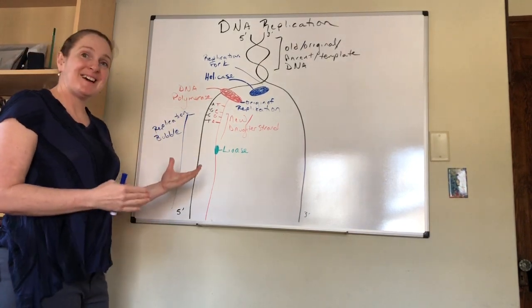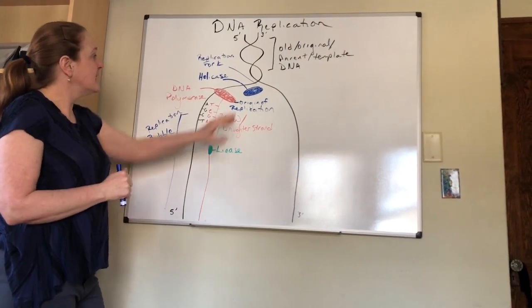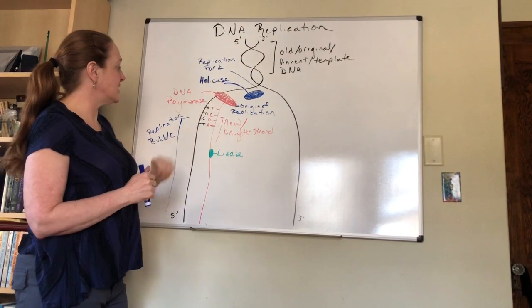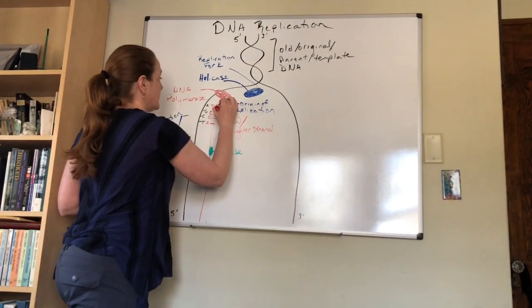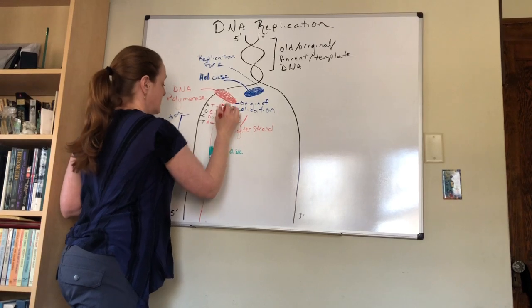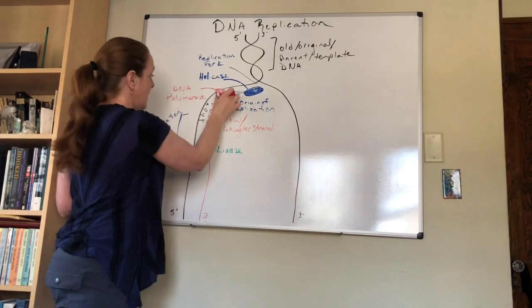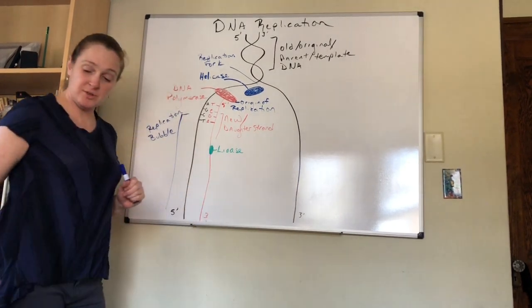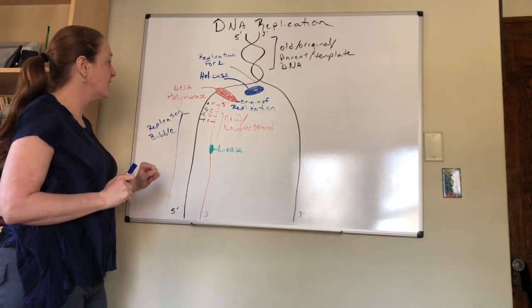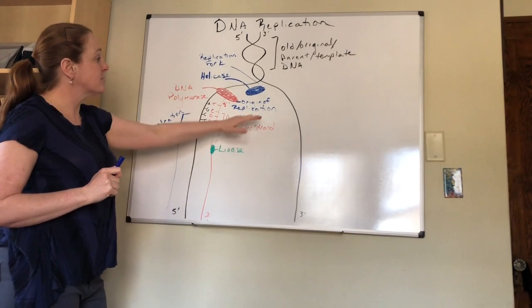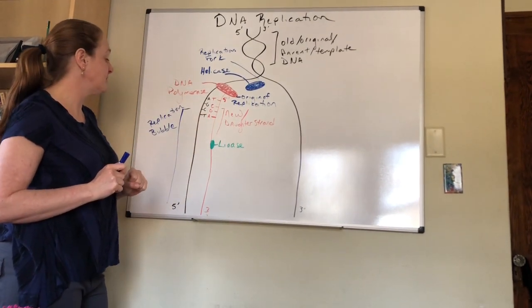So when we look at DNA replication, helicase unwinds, and DNA polymerase is building this new strand of DNA from the 5' to the 3' direction. It's using complementary base pairing. Where DNA polymerase is working is our origin of replication.